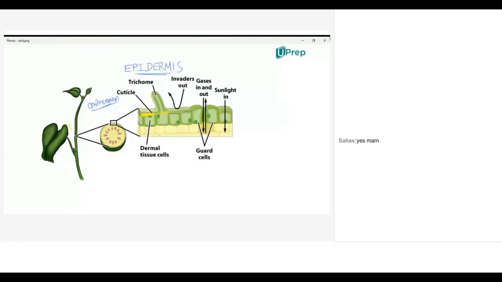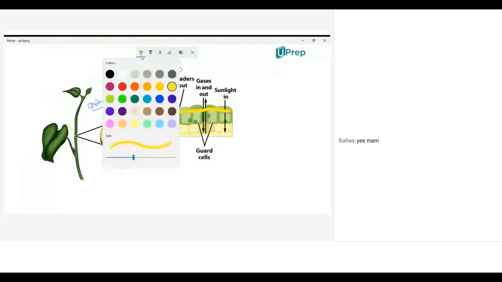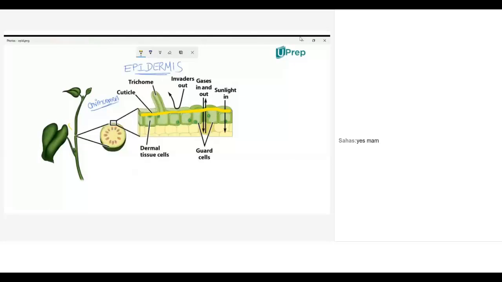This is the layer of epidermal cells, the first layer. And above the epidermal cells layer, you'll have another layer called cuticle, like this. Why is the cuticle terminology important here?